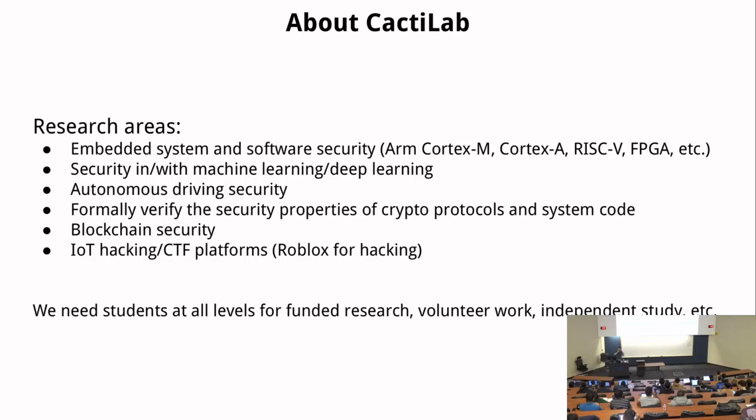We also do some explainable machine learning, especially when machine learning is applied in intrusion detection systems and other security domains. We also work on autonomous driving security, formal methods to formally verify code and crypto protocols, blockchain security, and a lot of hacking. We do a lot of hacking, binary level, web security also.